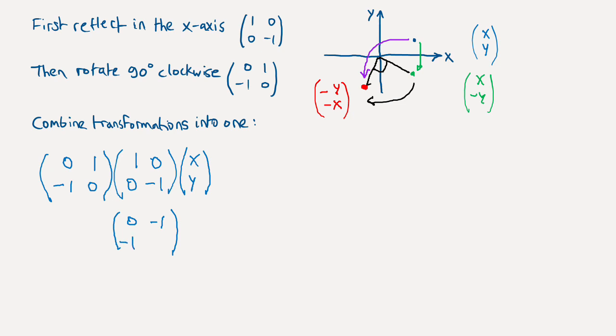And inner product of minus 1, 0 with 0, minus 1, which will be 0. So we'll end up with the point minus y, minus x, which is exactly what we expected to get.